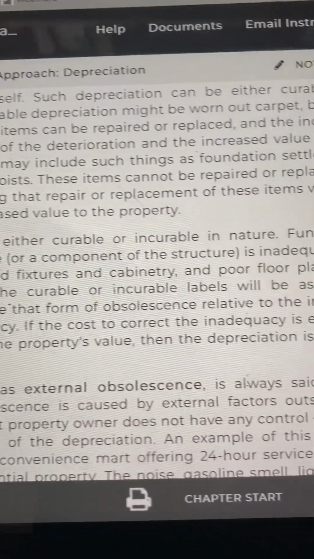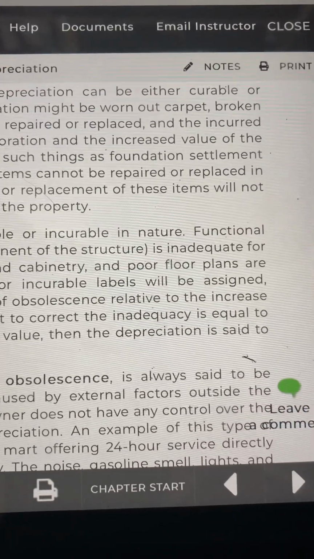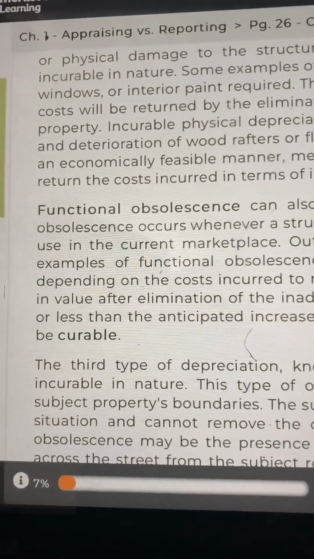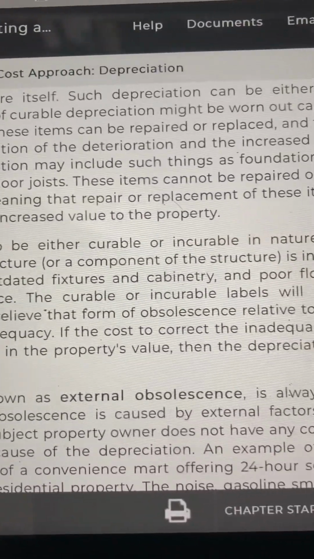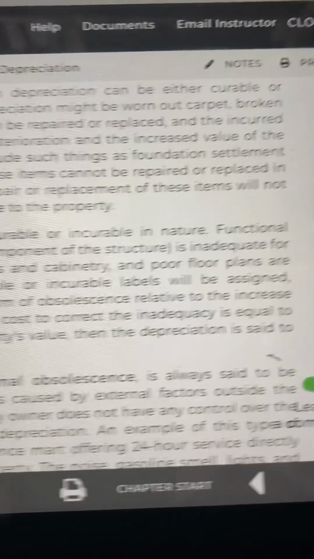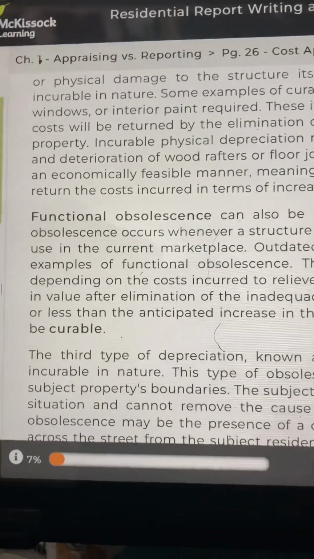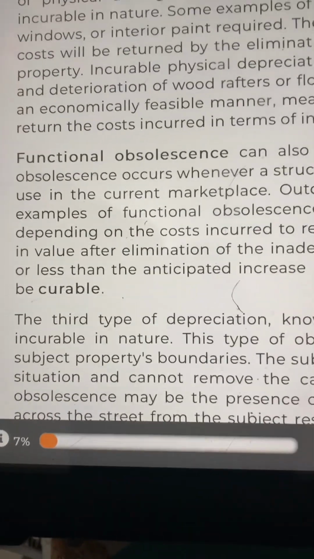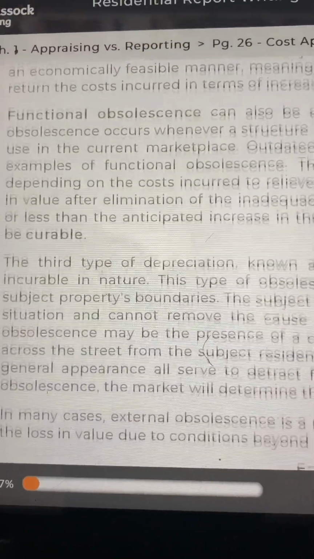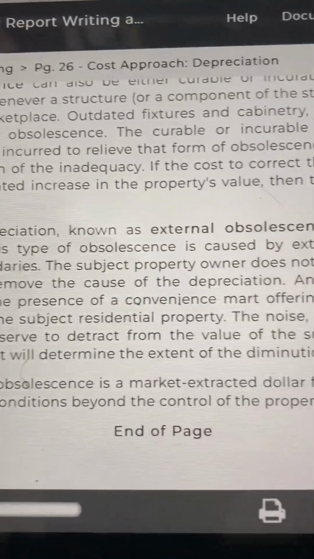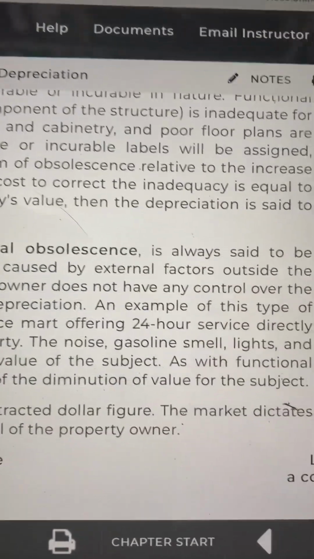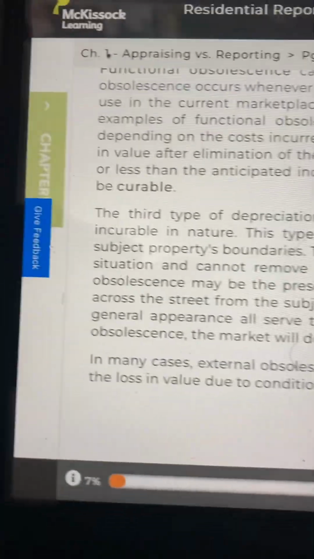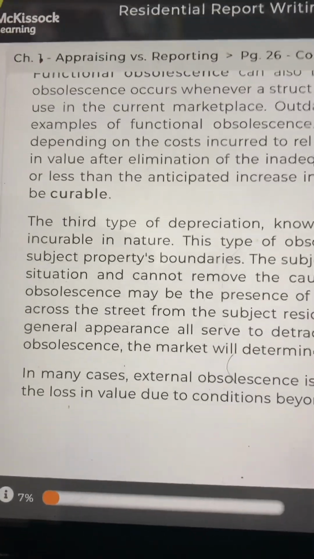If the cost to correct the inadequacy is equal to or less than the anticipated increase in the property's value, then the depreciation is said to be curable. The third type of depreciation, known as external obsolescence, is always said to be incurable in nature.